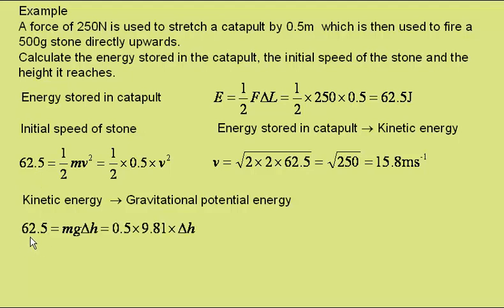So we can write that 62.5 is equal to the gravitational potential energy, mg delta H, which is a mass of 0.5 kilograms, gravitational field strength 9.81 newtons per kilogram, multiplied by the change in height. It's the change in height we want to find, so we can rearrange the equation to give change in height is equal to 62.5 divided by 0.5 and 9.81, giving a maximum height of 12.7 meters. Always consider your answer. Does this seem reasonable? Yes, it does.